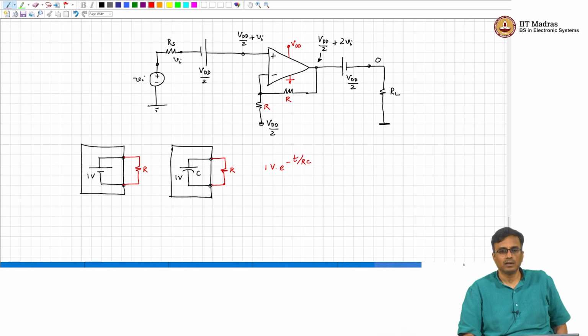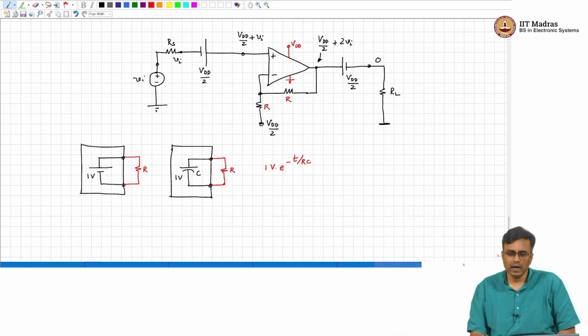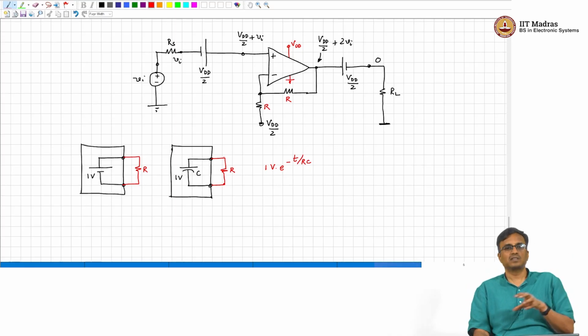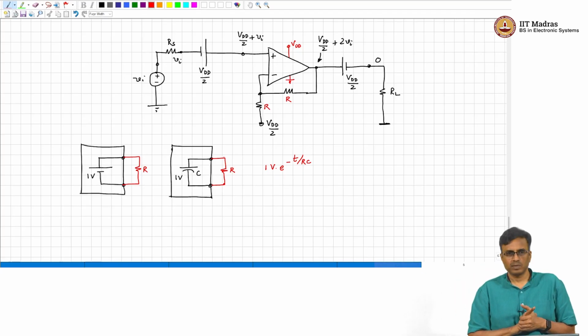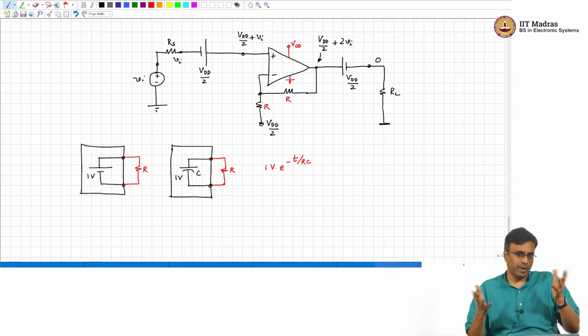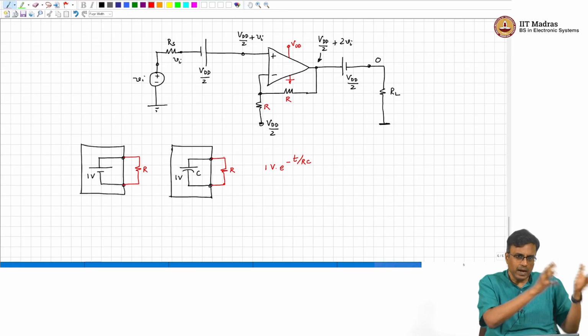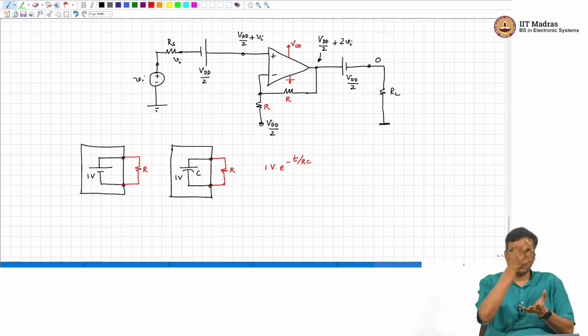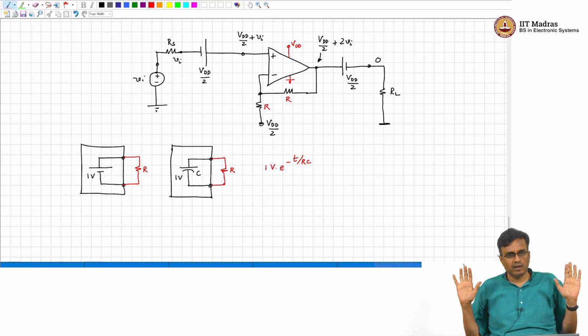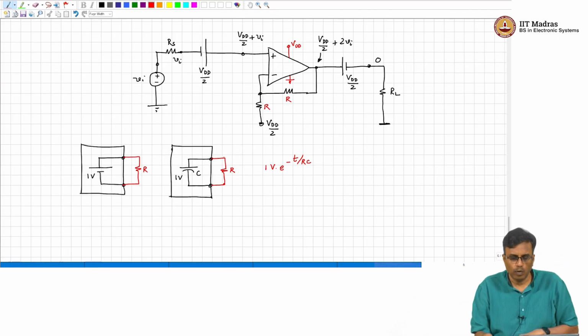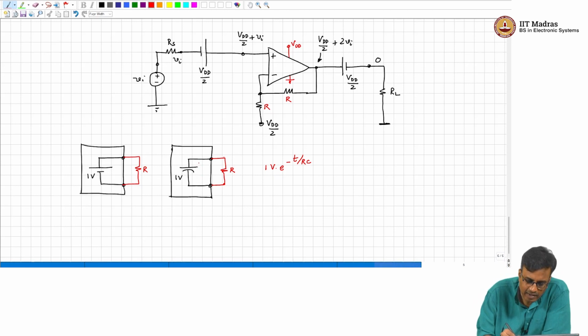Is that clear? Okay. And why is the voltage reducing? Well, this resistor is removing some charge from the capacitor, and the voltage across the capacitor is the charge divided by capacitance. So, if the charge is going on leaking away, then obviously the voltage across the capacitor is decreasing. Now, what if I tell you that the capacitor inside is infinite?